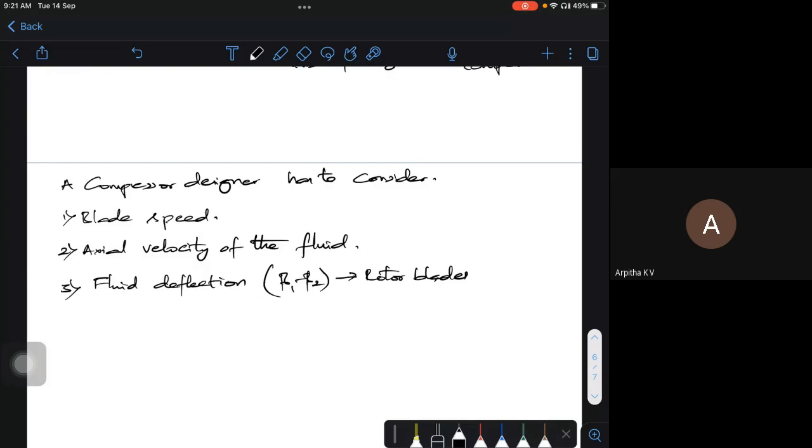As for the axial velocity of the fluid, whether steam, air or whatever working fluid, in a compressor it is air. We have to ensure that the axial flow is not very high. A very high axial velocity of the jet will damage your blades.